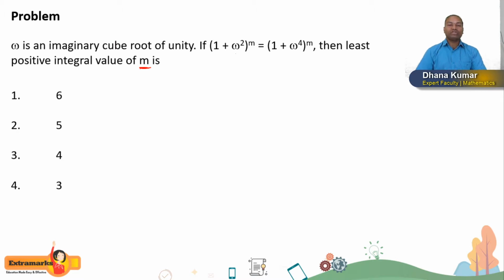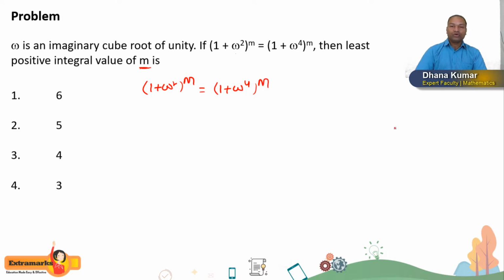Right. Now you observe this one. Omega is an imaginary cube root of unity. Given question, I am writing (1 plus omega square) whole power m is equal to (1 plus omega power 4) whole power m.